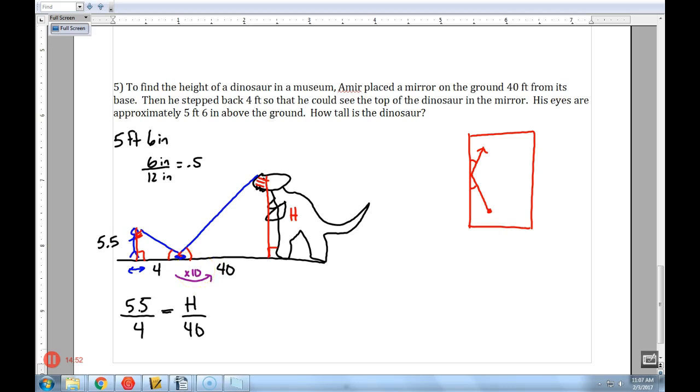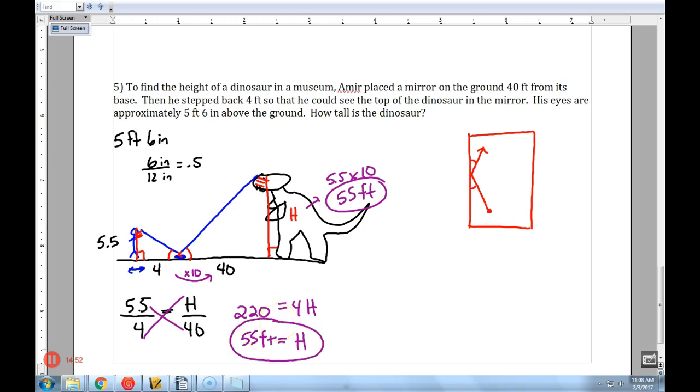So the dinosaur's height should be exactly 10 times the height of the kid, which would put him at 55 feet. It should work the same if you do this. You'll get 220 equals 4h, divide both sides by 4, and you will also get 55 feet if you use the proportion method.